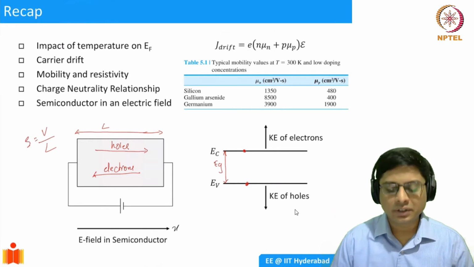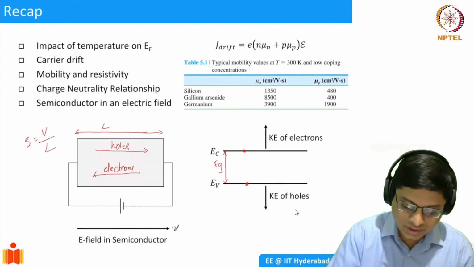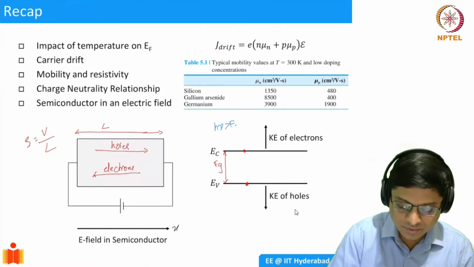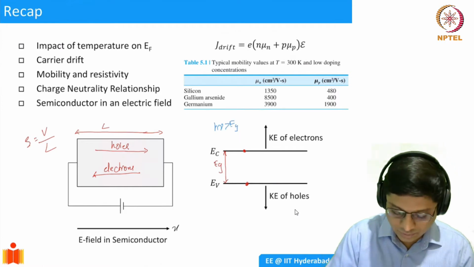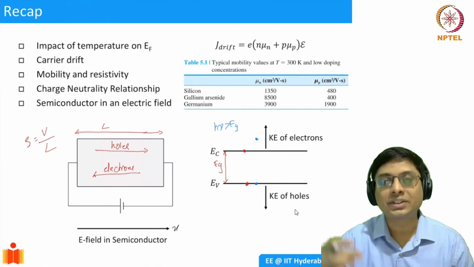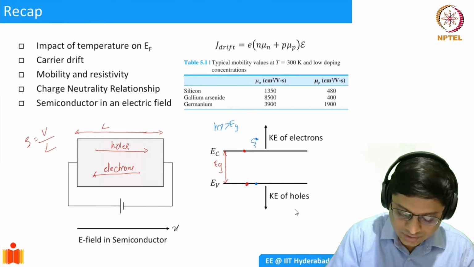Okay. Now, if you use another photon with a higher energy greater than Eg, like if I use h nu, I'll put it in blue. Let's say h nu greater than Eg. Okay. Then the electron from the edge of the band would be excited to the conduction band, but it would actually acquire additional energy. So this additional energy is essentially h nu minus Eg.